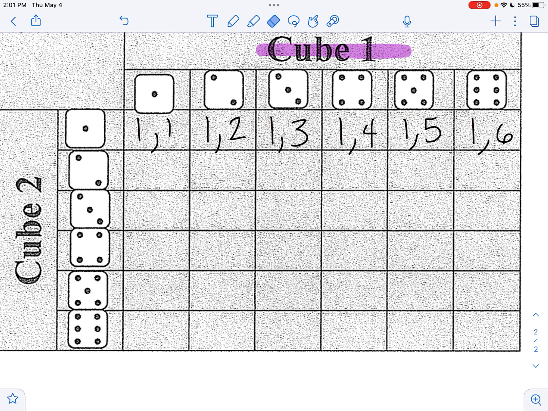Okay, so let's look at the next row. I see that there's a 2, so I'm going to write 2 first. This says that on this roll, instead of getting a 1, we got a 2 with this dice.